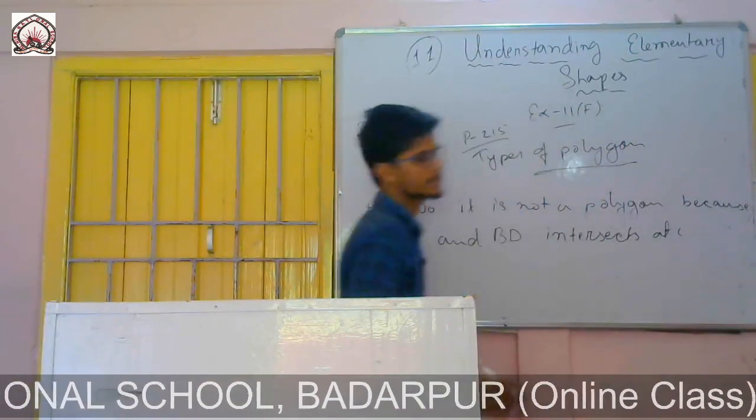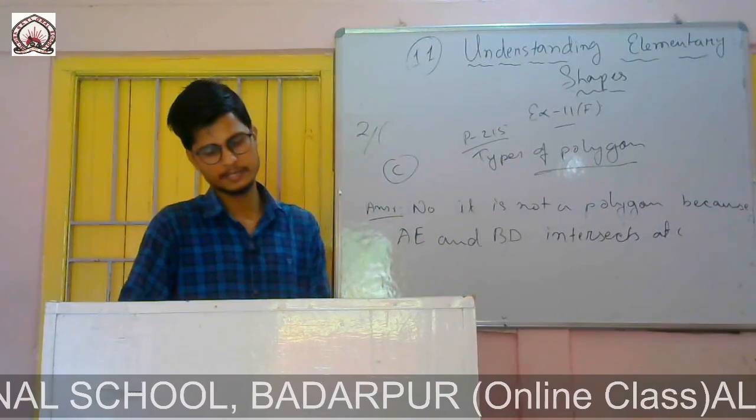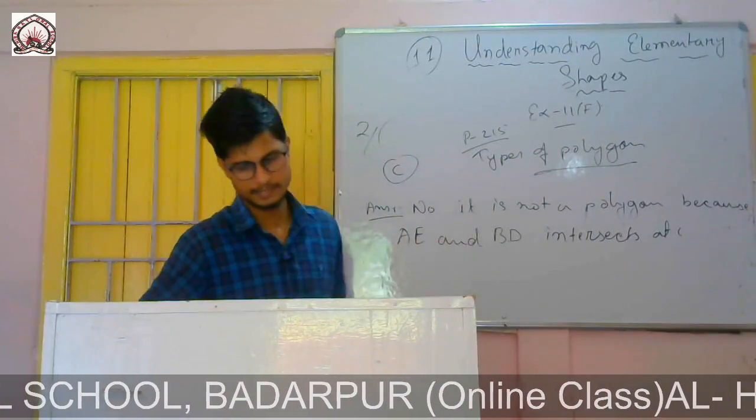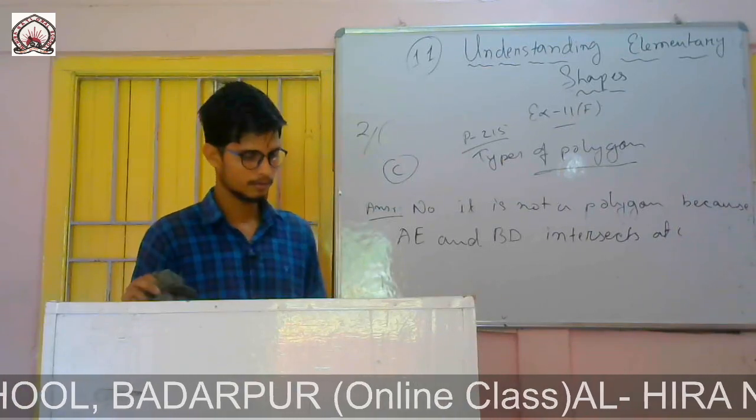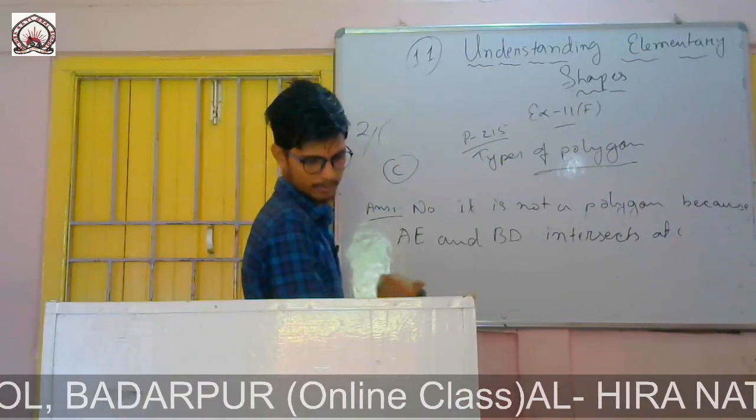You memorize this table: if sides are 3, it is a triangle; if sides are 4, it is a quadrilateral. Okay, now let me do question number 3.